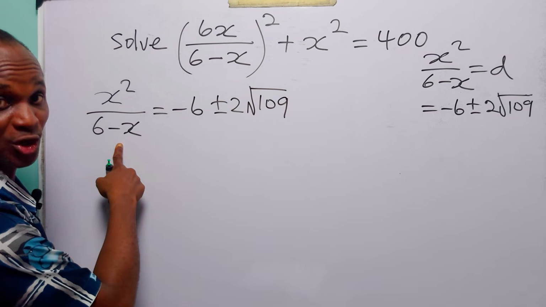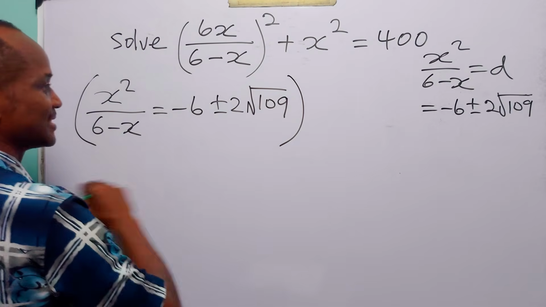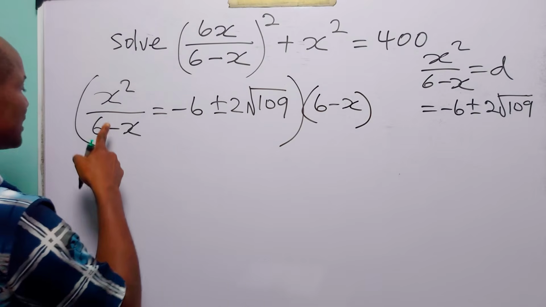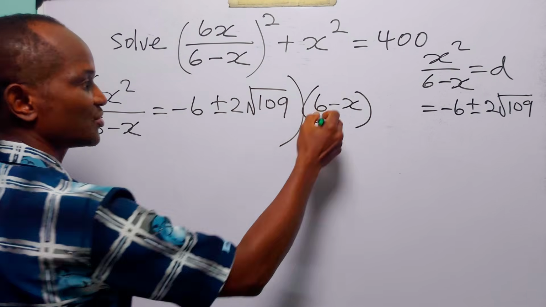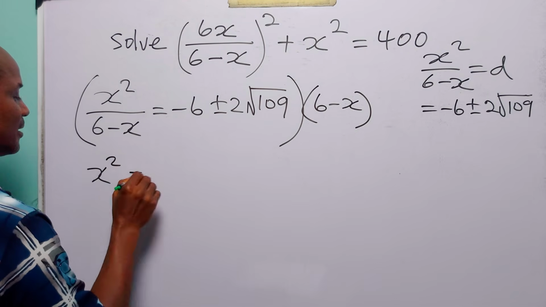To get rid of this fraction on the left-hand side, let us multiply through this equation by the denominator, 6 minus x. Now, the left-hand side multiplied by 6 minus x. Of course, you know that this will cancel that, leaving us with x squared.